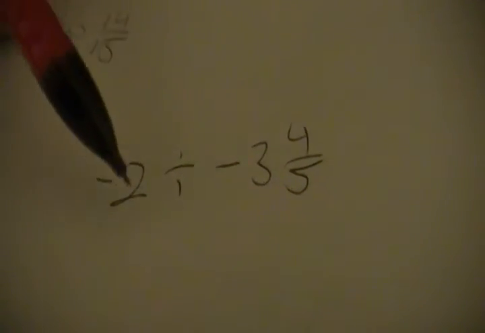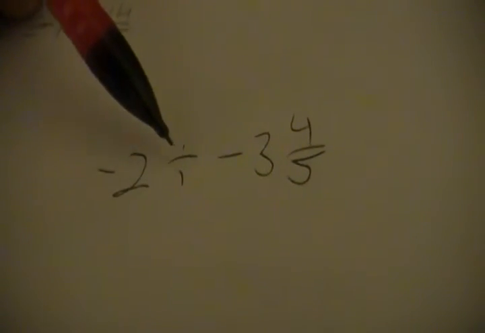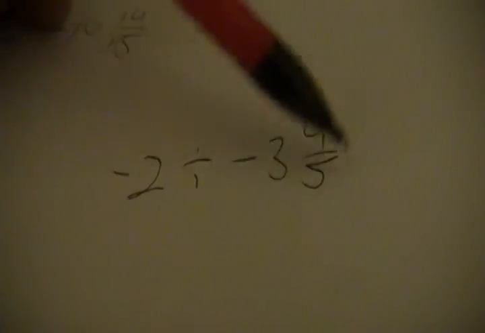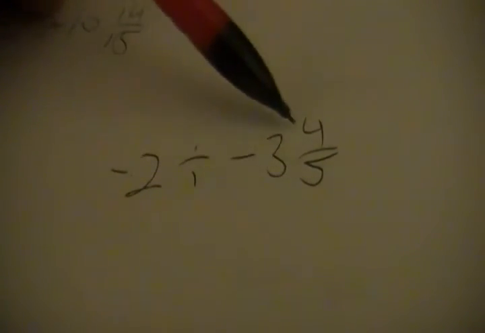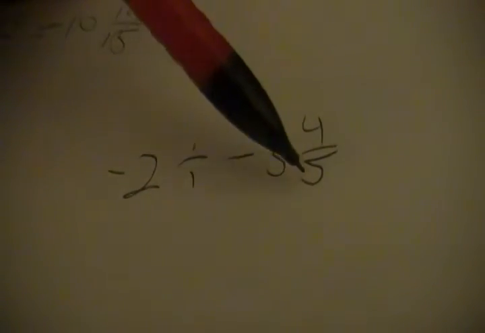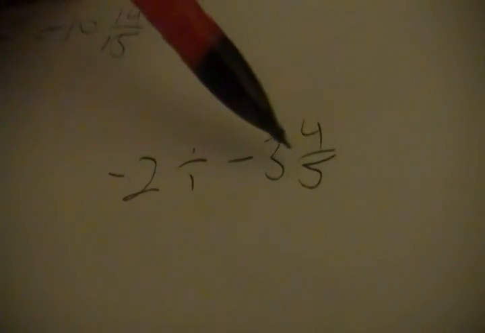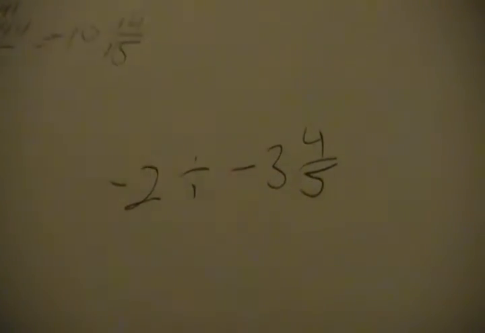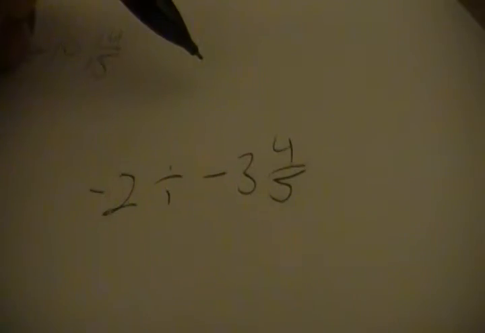Okay, so now here there's kind of two steps you have to take, right? Not only do you have to find the reciprocal of this, but you have to convert this into an improper fraction. Now our final answer is going to be in a mixed number, right?